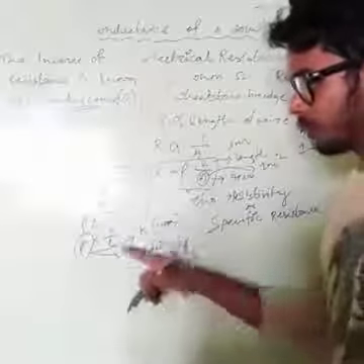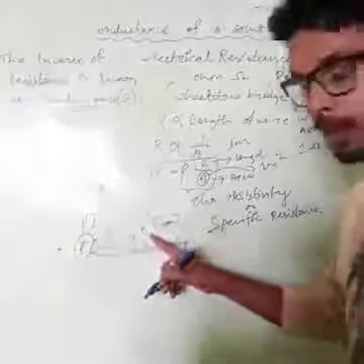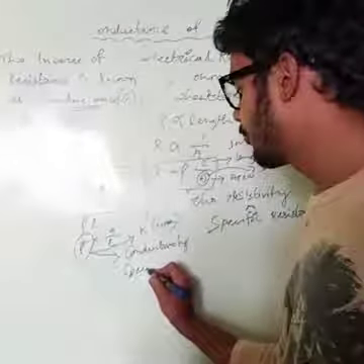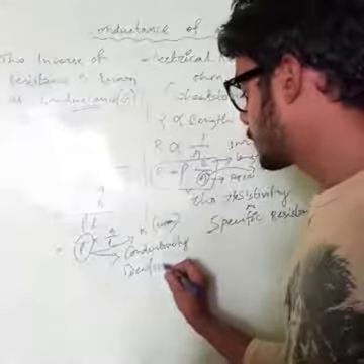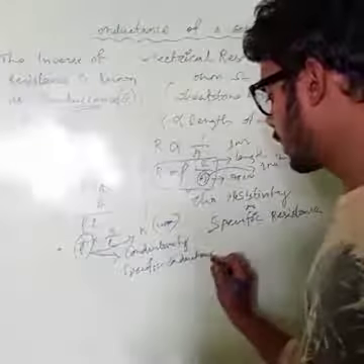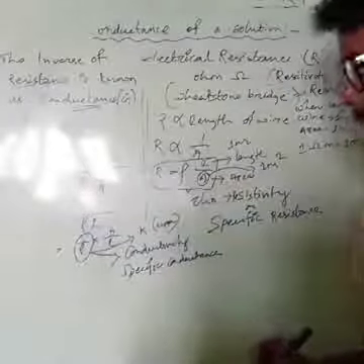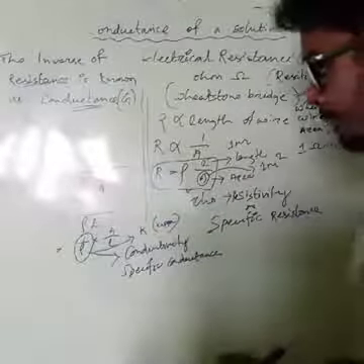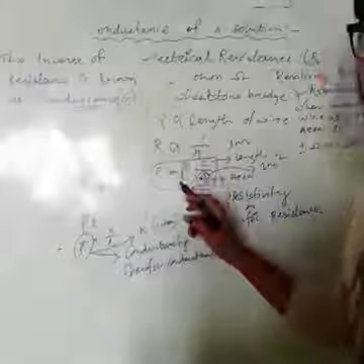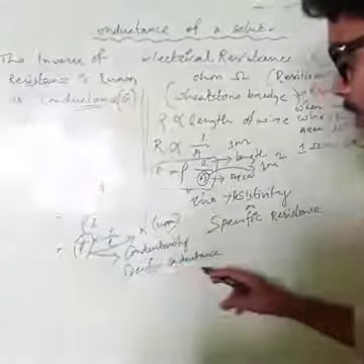Is it clear? 1 by rho is your conductivity, denoted as kappa, and this conductivity is also known as specific conductance. Kappa is conductivity, rho is resistivity.